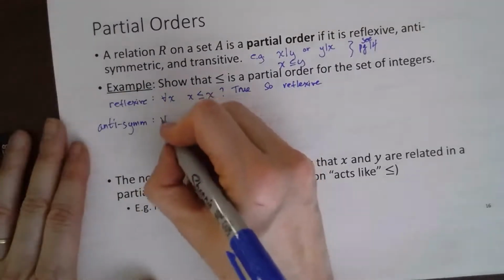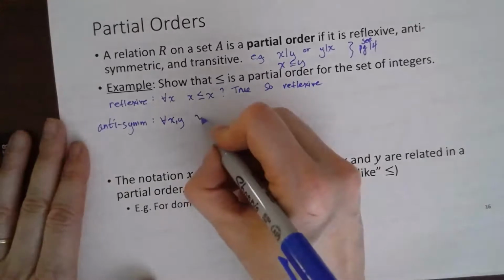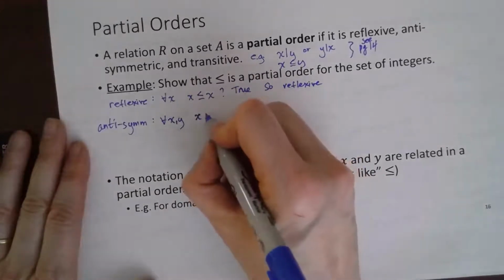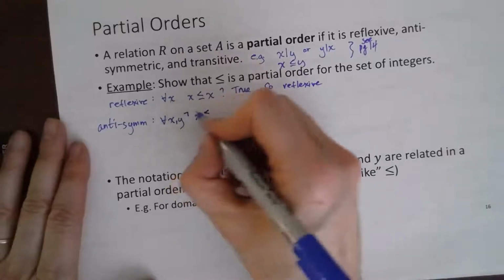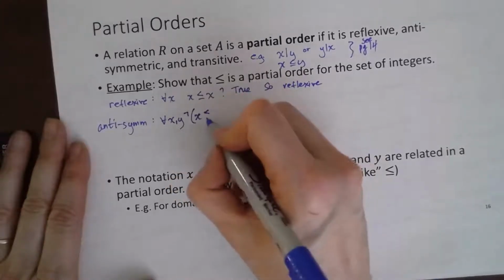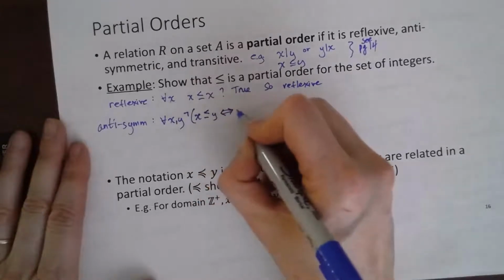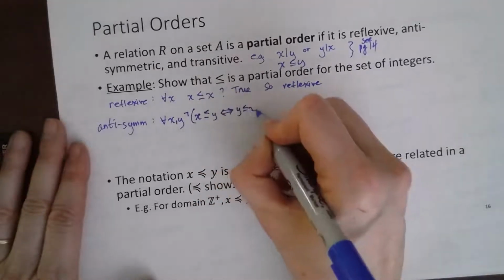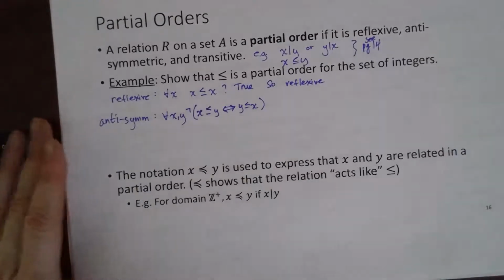So that means that for all x and y, x less than or equal to y, not x less than or equal to y if and only if y less than or equal to x. Okay, so this is a little bit tricky.